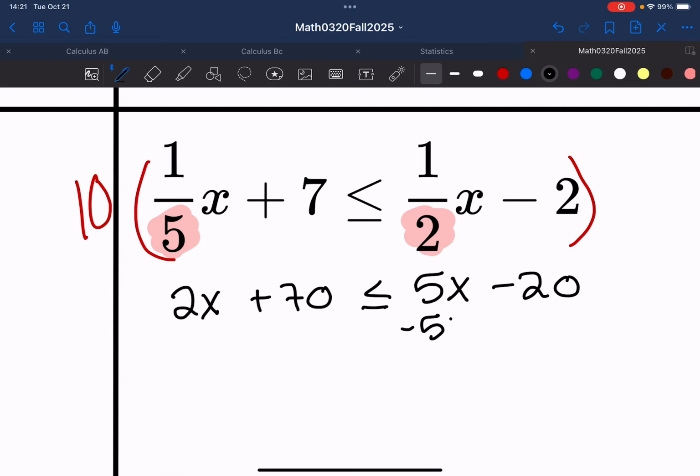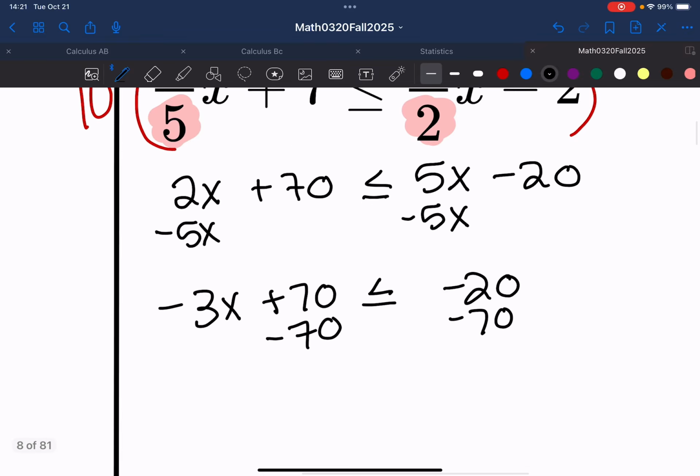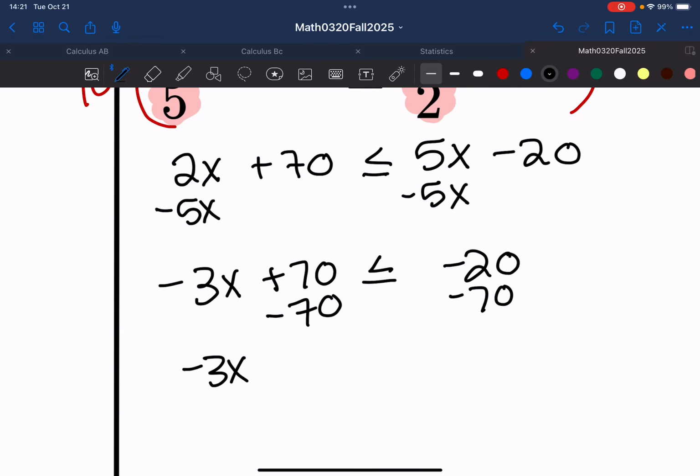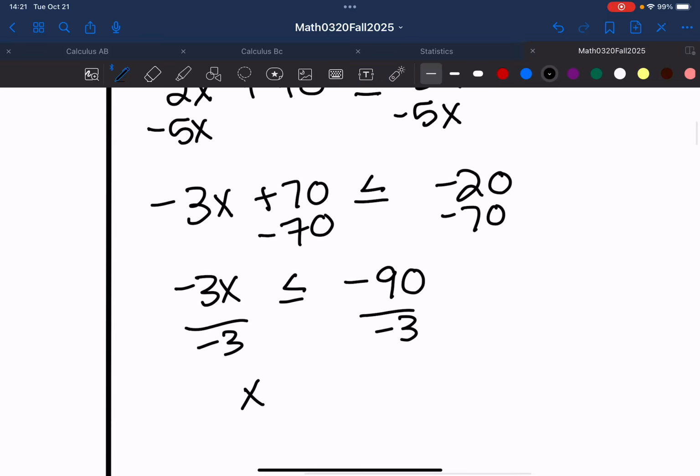I'm then going to subtract the 5x over, and I get negative 3x plus 70 is less than or equal to negative 20. Subtract 70 over, and I get negative 3x is less than or equal to negative 90. Divide by negative 3, which means my sign flips. So I get x is greater than or equal to 30. That is my answer.